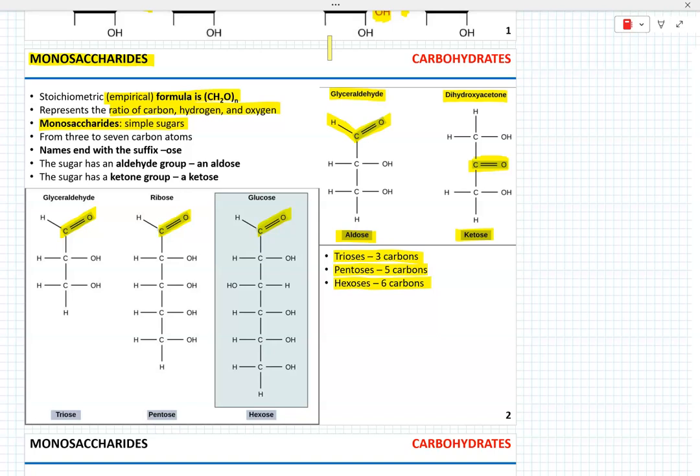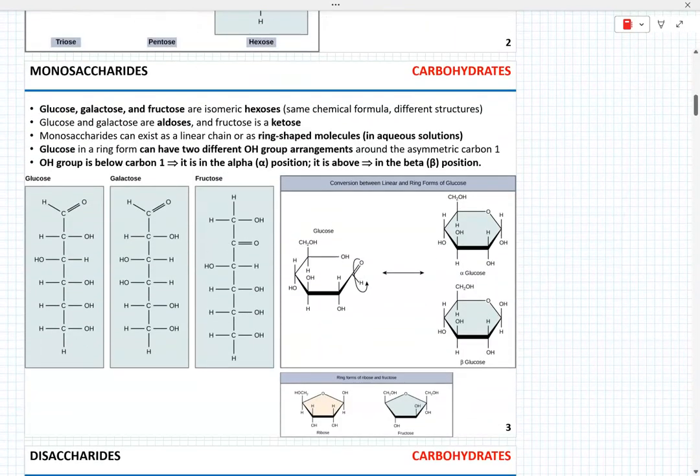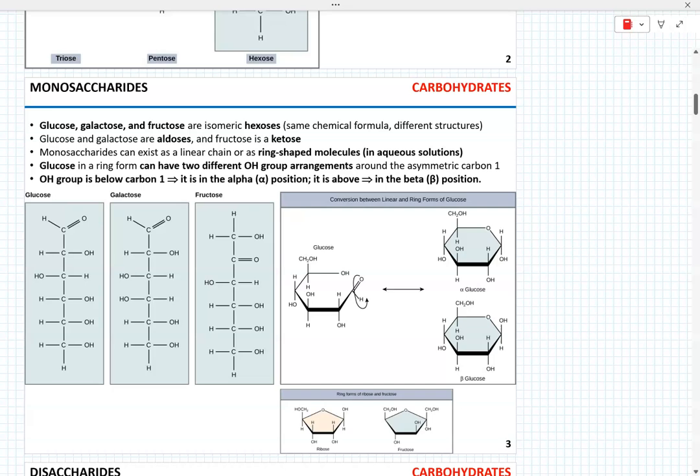Pretty much exclusively, the monosaccharides that are found in biological systems are going to be trioses, pentoses, and hexoses. Perhaps 3 most well-known hexoses among monosaccharides are glucose, galactose, and fructose.